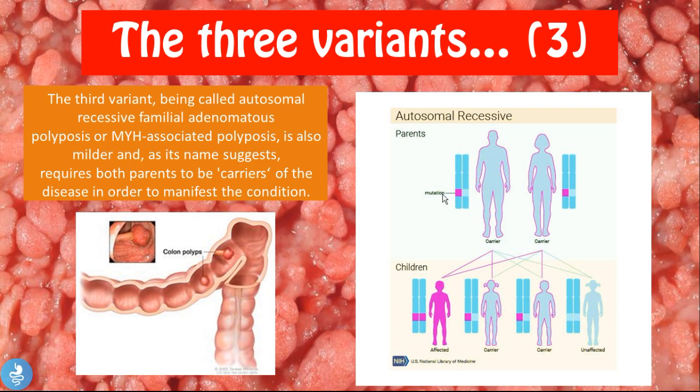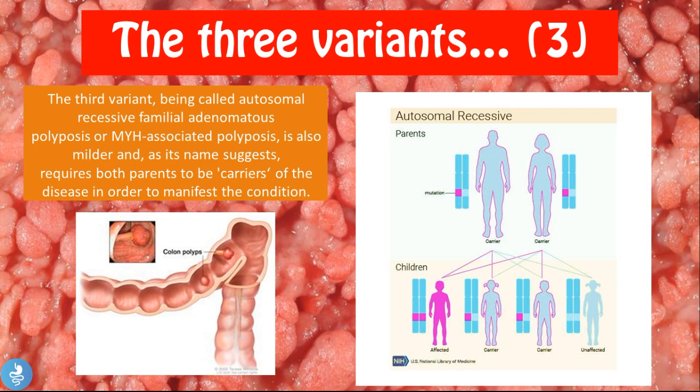So again, we have the father and the mother, which are both carriers, and you can see from all their children, we need the child to have both MUTYH genes affected in order for them to have the disease. So we have a defect in this MUTYH gene and this MUTYH gene from both parents, and this is why the child has this last and third variant of autosomal recessive familial adenomatous polyposis.